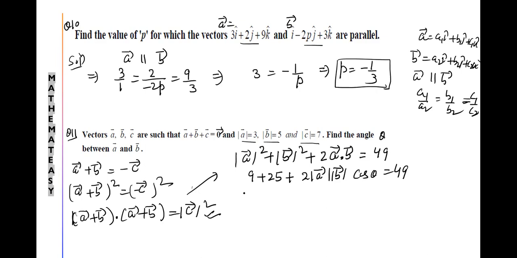So 2 into 3 into 5 into cos theta equals 49 minus 34, that is 15. This implies cos theta equals 1 by 2. Okay, we have taken A dot B, right? So theta, the angle between A and B, is pi by 3.